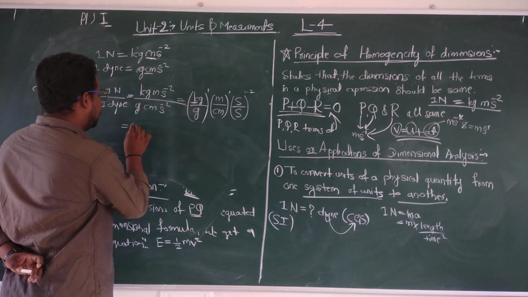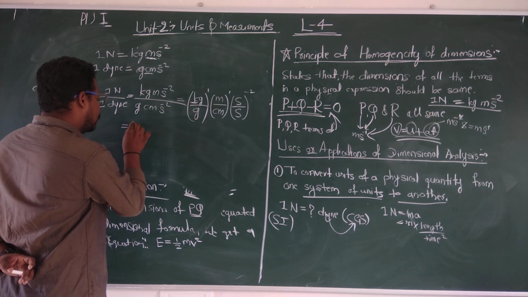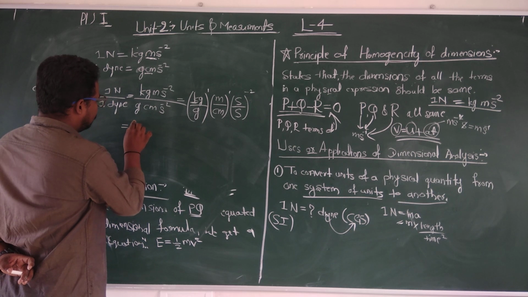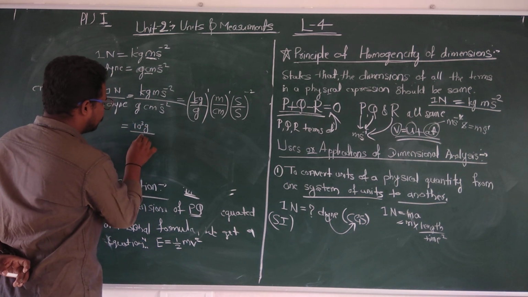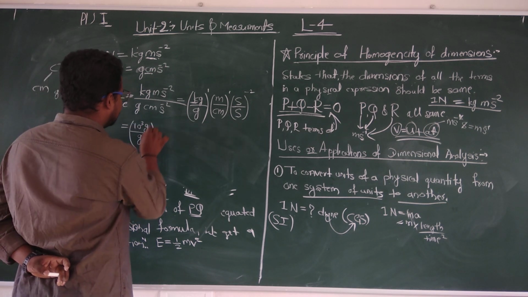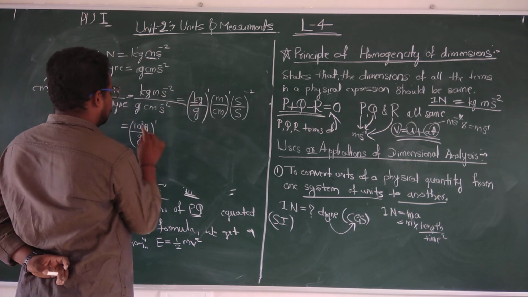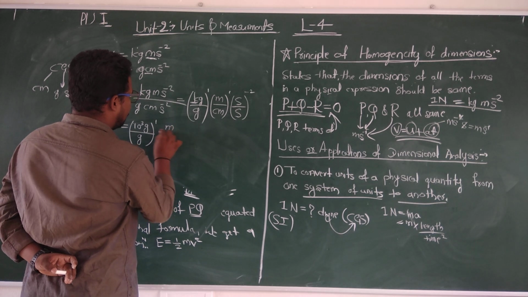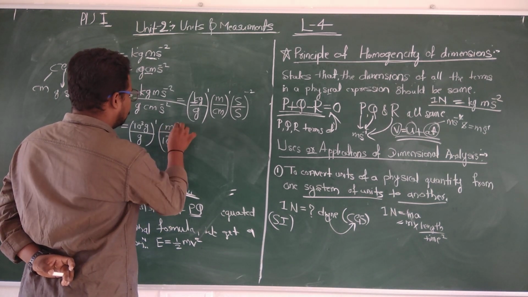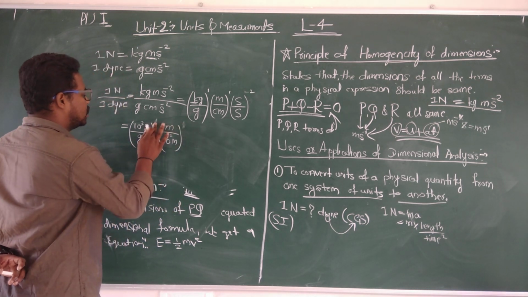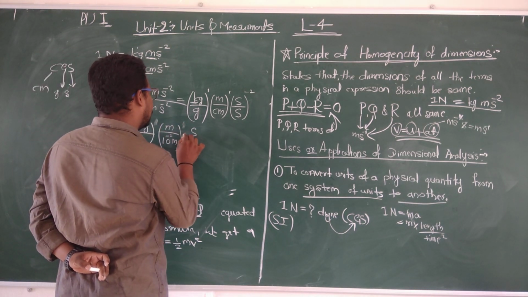So kg means 10 to the power 3 gram, and meter is 10 to the power 2 centimeter. Time is also the same; if you don't write it, it will be 1.